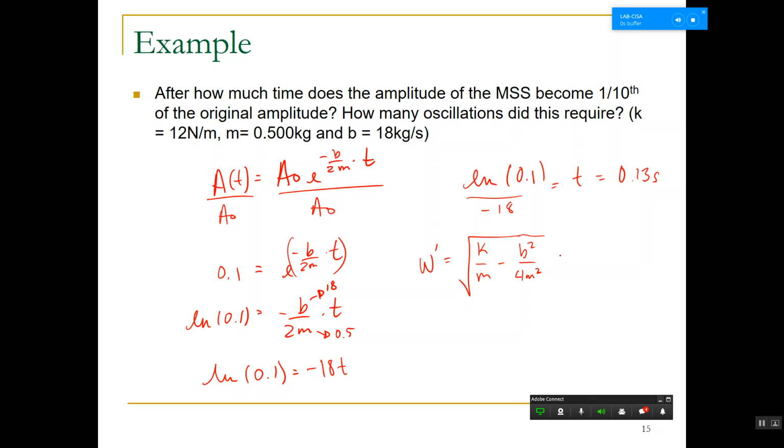You have all the values. You have k, you have b, you have m. Solve for the angular frequency. Hopefully it doesn't give you a negative number or an impossible answer. If it gives you an impossible answer, we'll just make something up because I didn't really choose my numbers carefully.